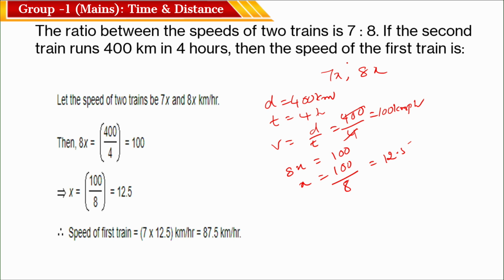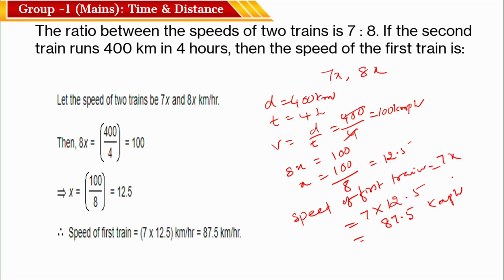So the required one is the speed of the first train. What is the speed of the first train? Speed of the first train is 7x, correct? Which means 7 of 12.5. 7 12s are 84, 7 5s are 35, so 84 plus 3.5 means 87.5. The unit is kilometers per hour.